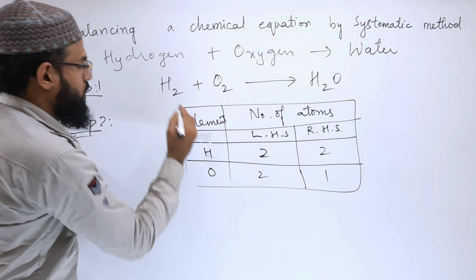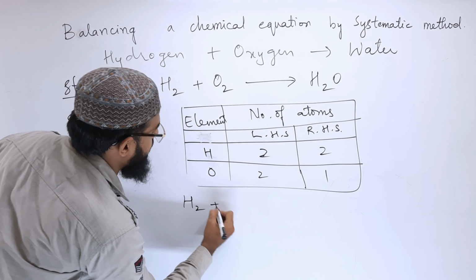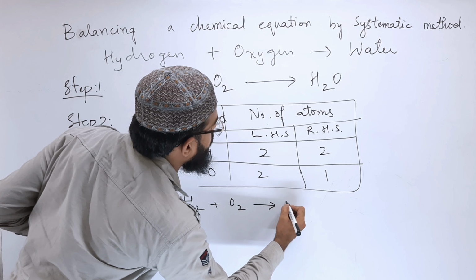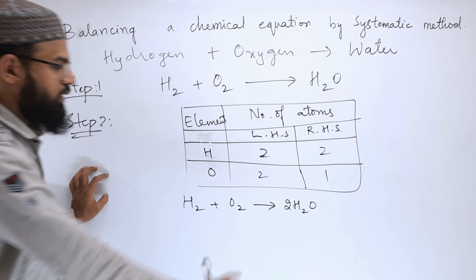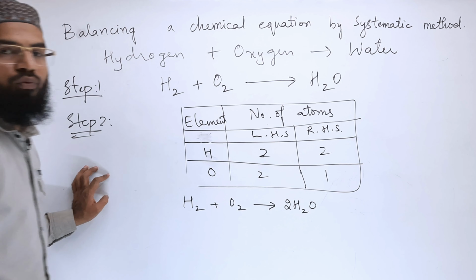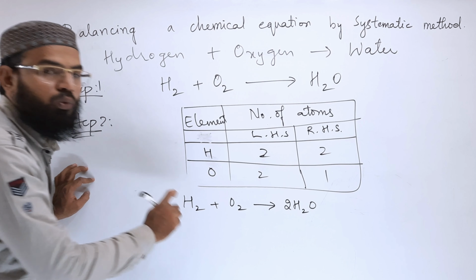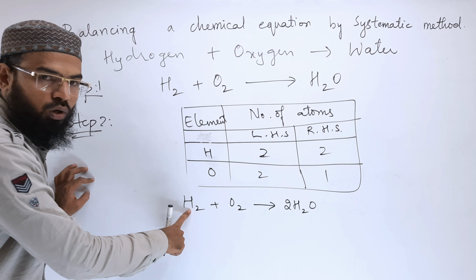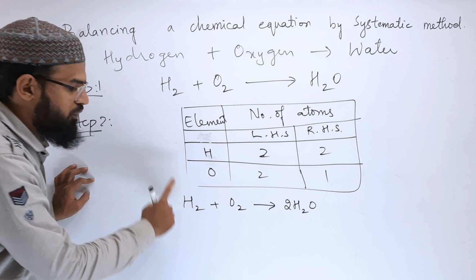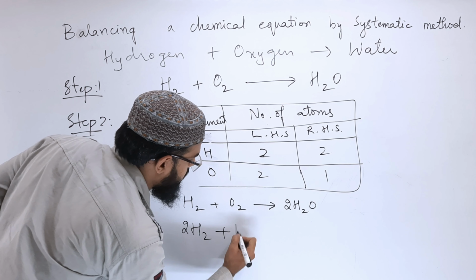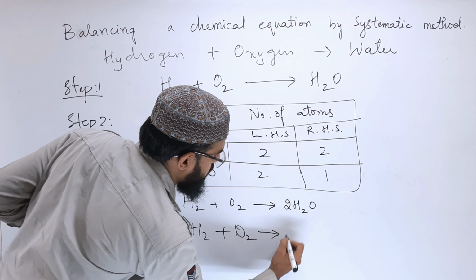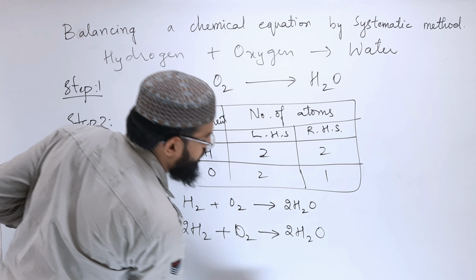So I will put H2 plus O2 gives rise to 2H2O. Next, here 2 twos are 4 hydrogens, and here it is 2. To make it 4, we need to put 2 in front of this H2. So 2H2 plus O2 gives rise to 2H2O.